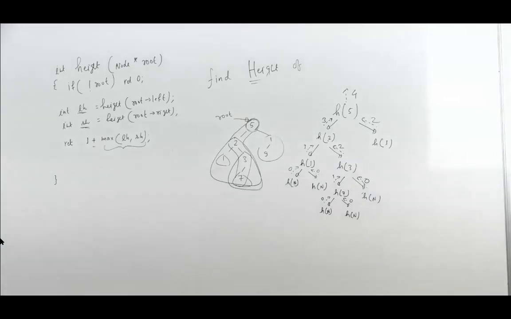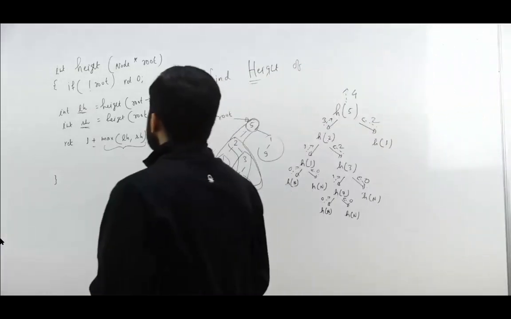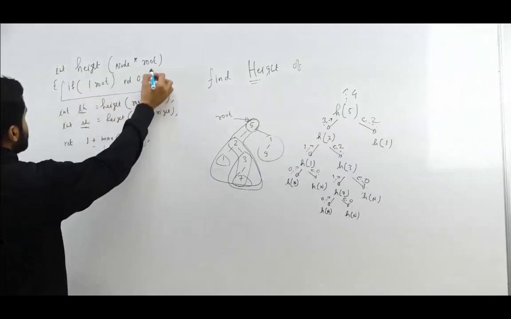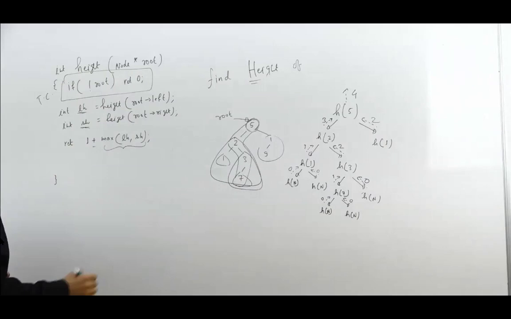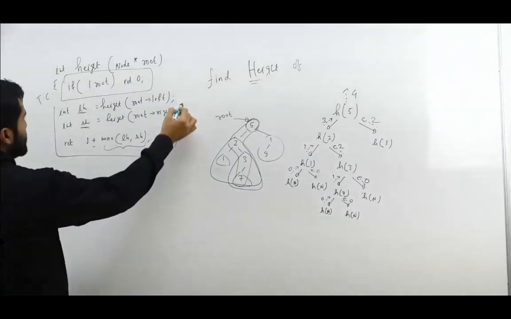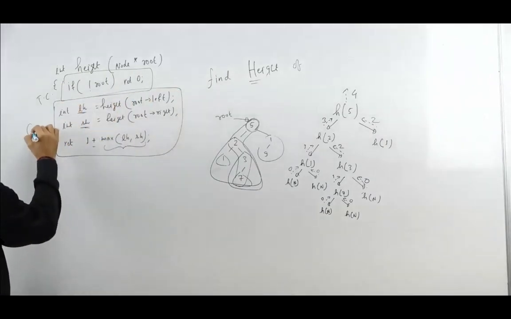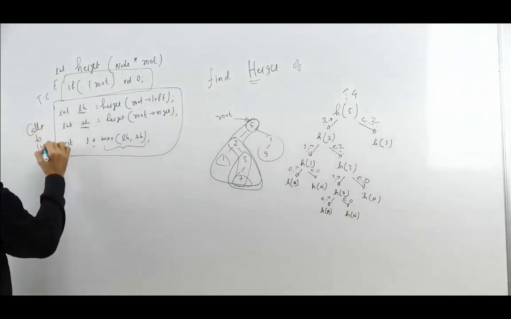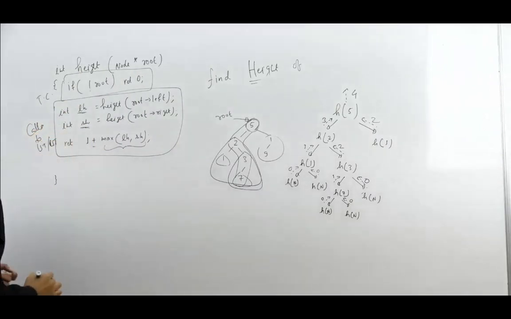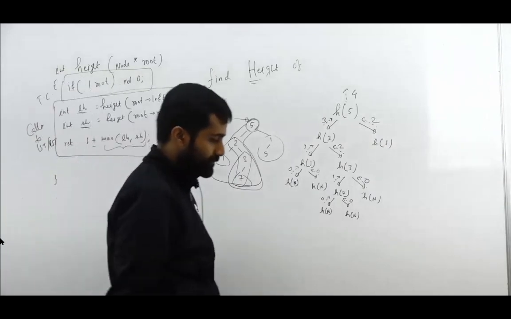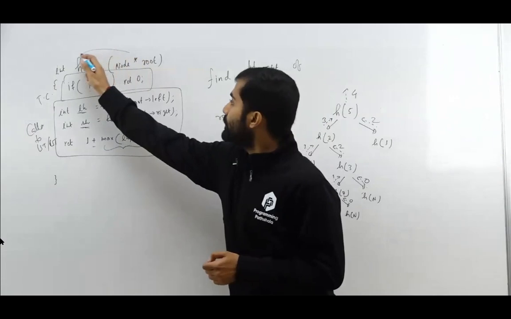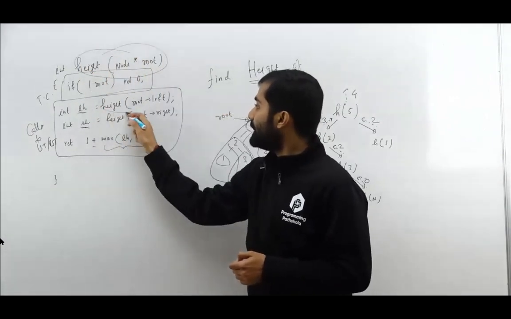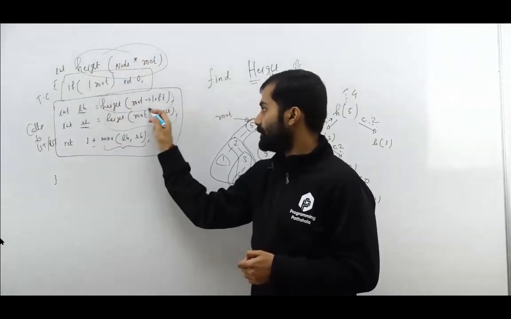Correct? Yeah. So again, just to let you know, the termination condition is the first part of your code, which you will be writing in all the problems of trees. And then you have the calls to LST and RST, or the recurrence relation, which shows how the height of root is dependent upon the height of root left and the height of root right.